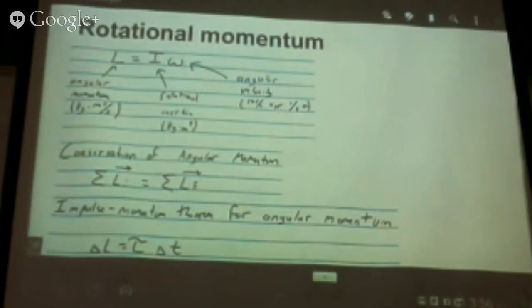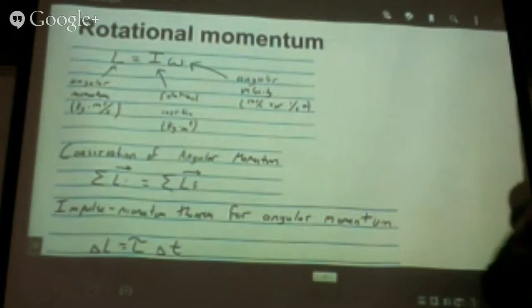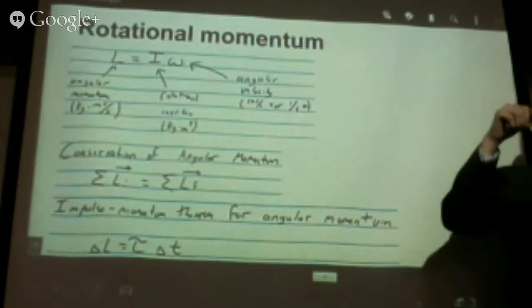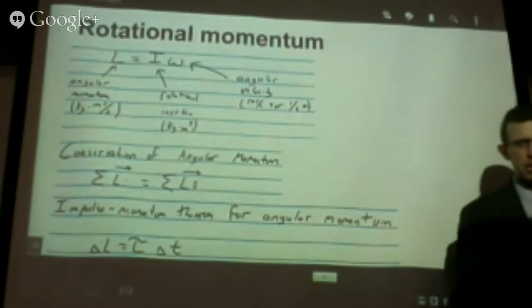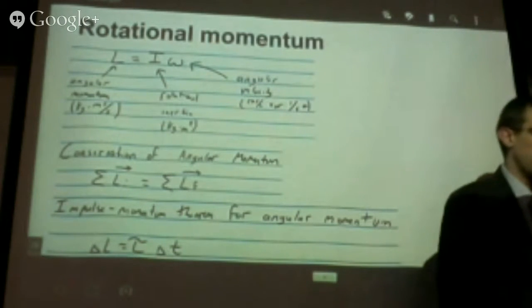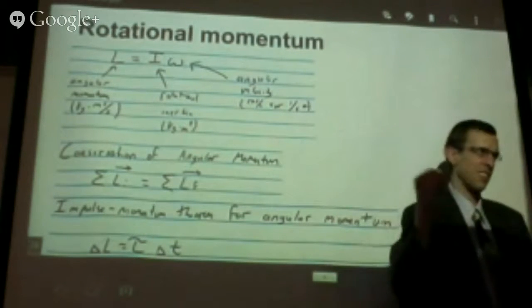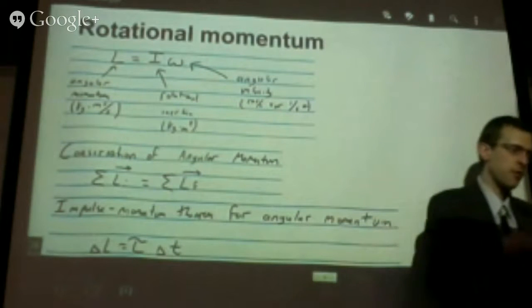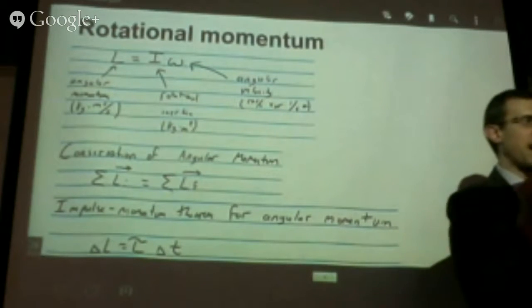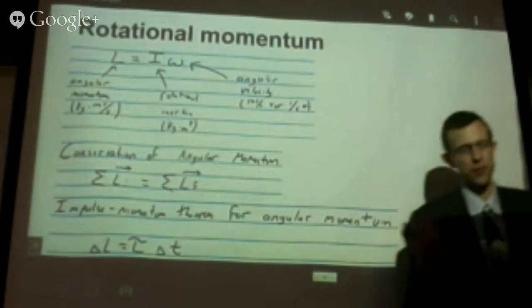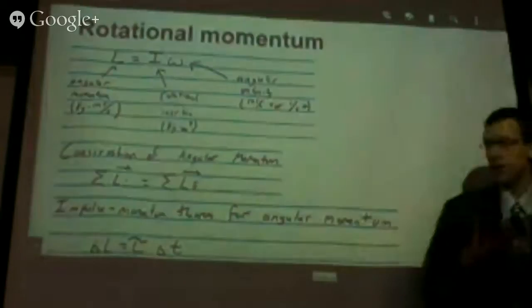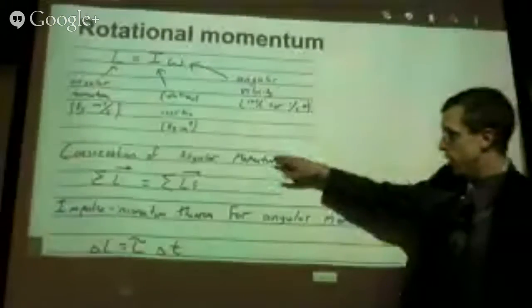The big example that we use for angular momentum is if we have something that's rotating and maybe we drop something on top of it, or we change the shape of that thing, or maybe it's leaking. We get a bucket of water rotating and it's leaking water or something. Some characteristic of the mass or how that mass is distributed changes. How does that affect the speed? We'll say, there it is.